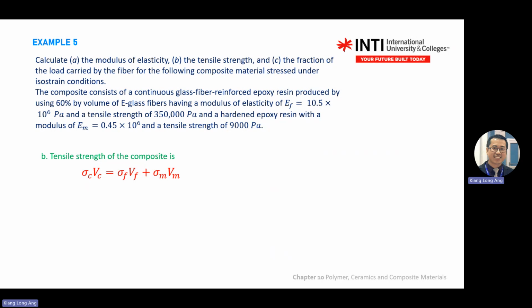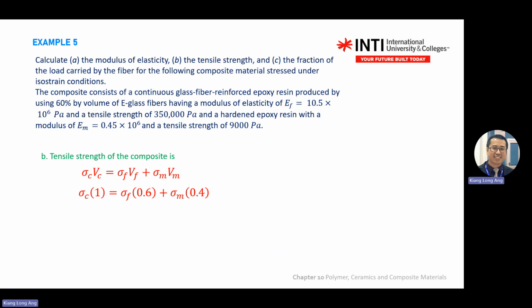So we change by using Hooke's law, stress equal to modulus Young and strain. Substitute these two, this one you rewrite inside there, right? So you will see this stress, because it is isostrain, you cancel out the strain, right? When you substitute this one in, the strain you cancel out because it's the same.